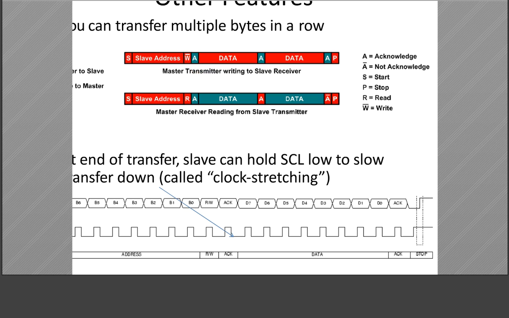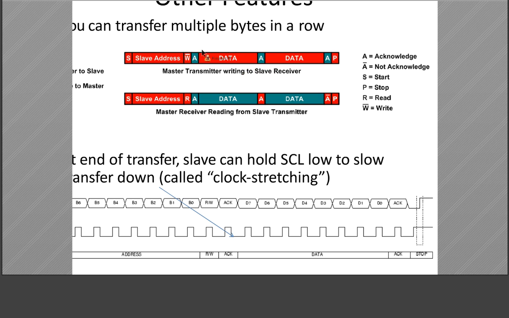A from a slave in blue color, acknowledge from a slave: I'm ready, me as a slave, to get the data. Who is me? The one whose unique address is the same as this slave address.